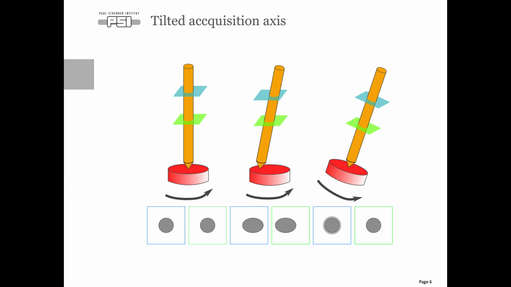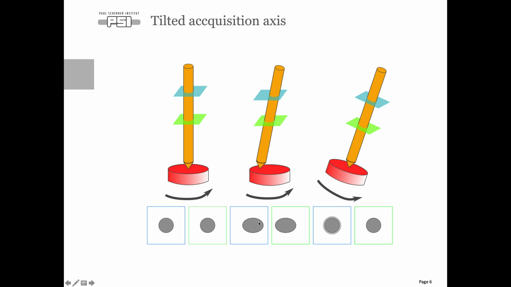It can always happen. It doesn't sound like much, but the effect is that you can get different reconstructions depending on which slice you're reconstructing. You can see here 3 examples. The perfect case is that the axis is perfectly aligned, and you can see that the blue and the green slice are perfectly reconstructed.